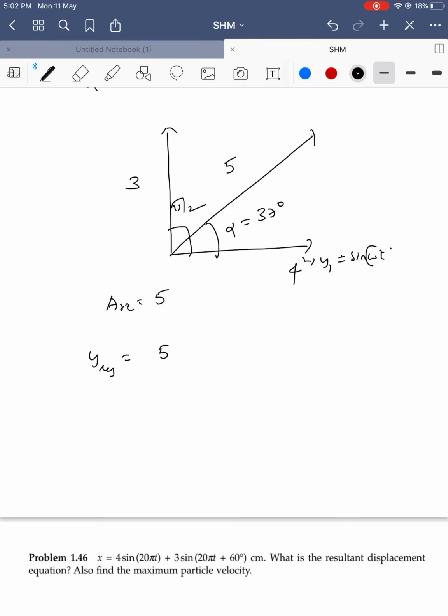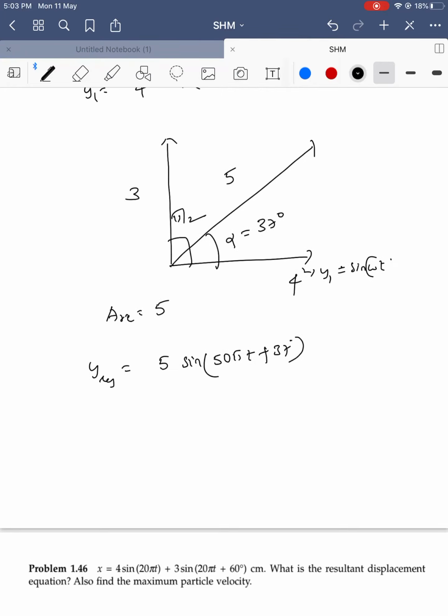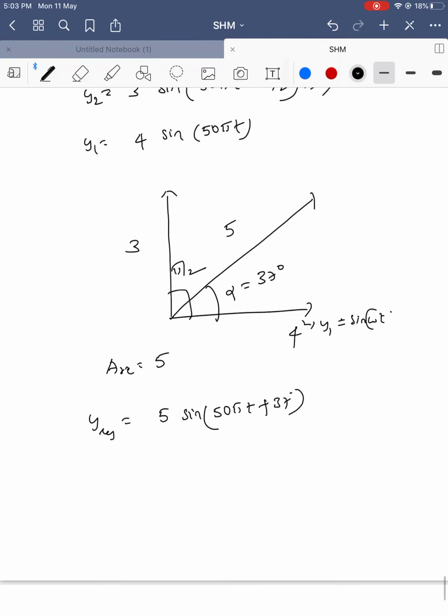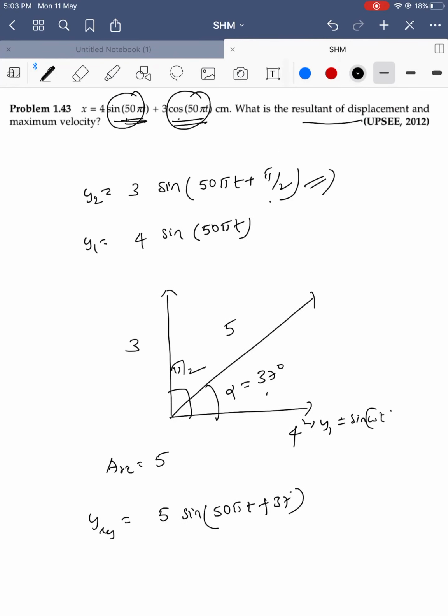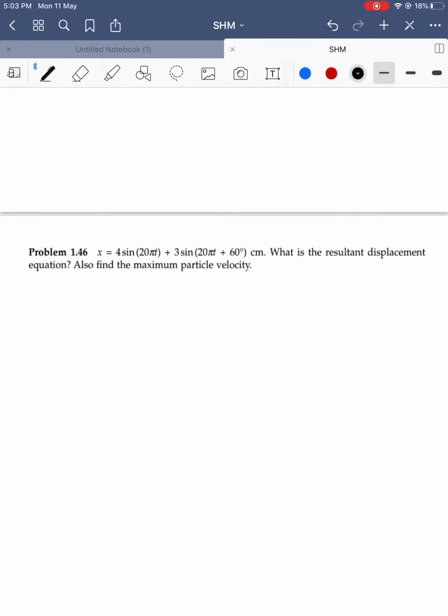So 5 sin(50 pi t plus 37) or 5 sin(50 pi t plus pi by 2 minus 37). So pi by 2 minus this value we can write to get the angle. We can write it either way.